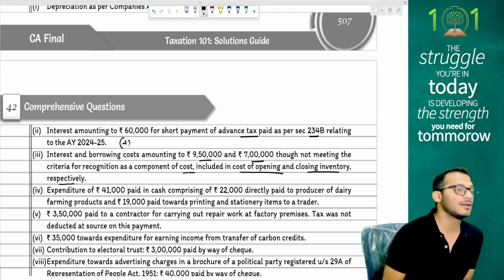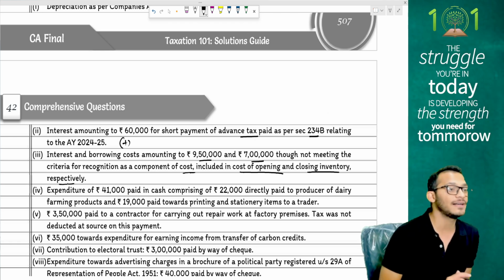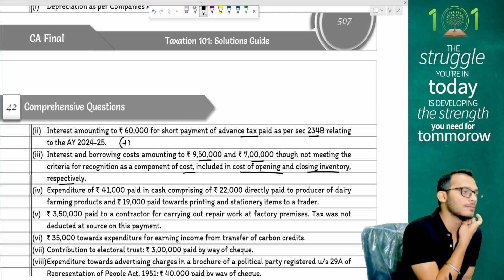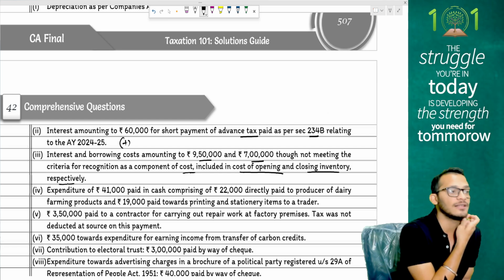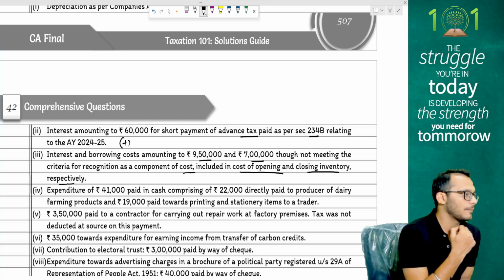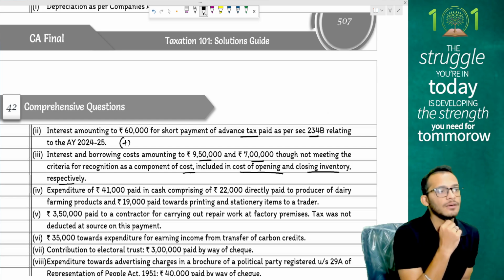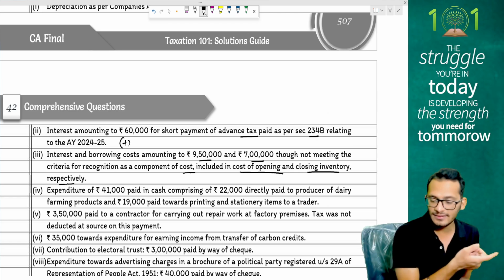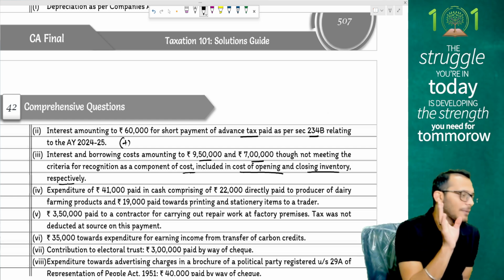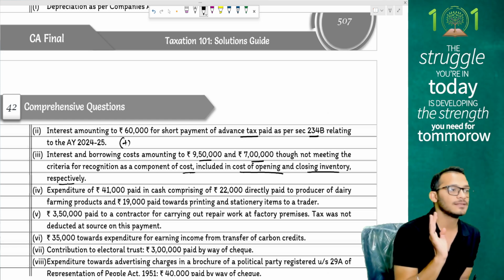They are saying I've incurred some borrowing cost on my inventory, which I should have charged to P&L, but instead of charging to P&L, I have taken it as cost in my opening stock and closing stock. One issue which I'm not able to understand, people, is why the 7 lakh rupees of closing stock is being treated as debit. It should technically have been credit. But because they have told debit, let's work with debit.